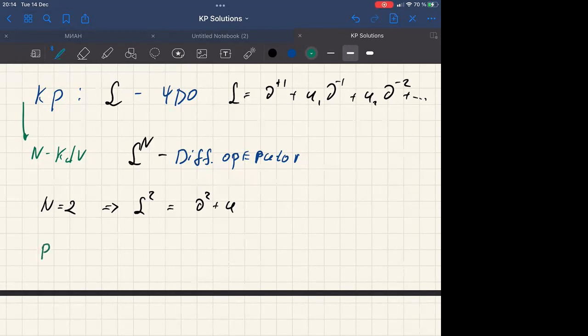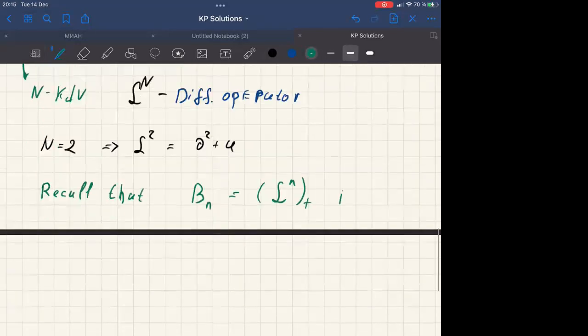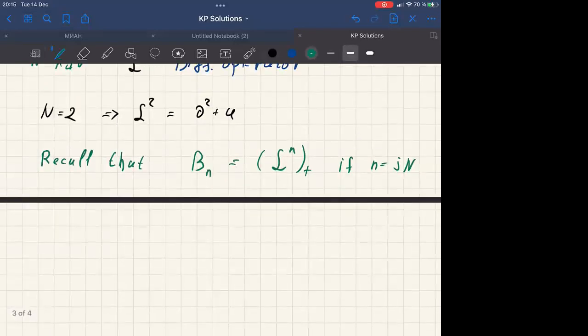What does it mean? Let us recall that what is Bn? Bn equals to L to the power n plus. But if n equals gn, for example, if n equals to 2, it's every even number.